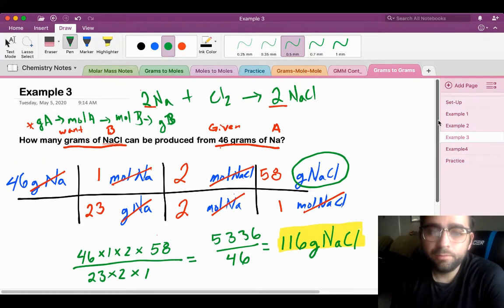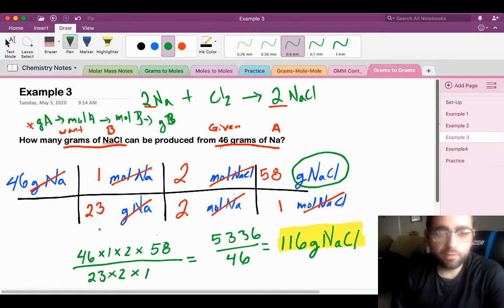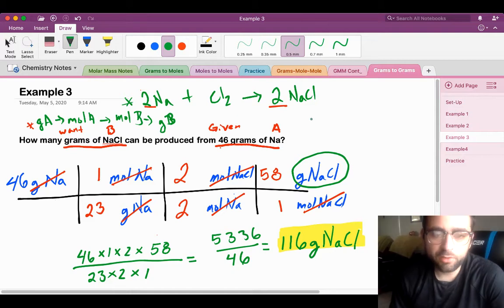And that's it. That's all this is. Just the hardest part is just setting it up, and it shouldn't be that bad. Given, one here, one right there. The middle section is just putting in whatever the equation gave you, the balanced equation. Make sure that it's balanced first. I will give you balanced ones, but if you see this again, they're not going to be balanced in future classes.